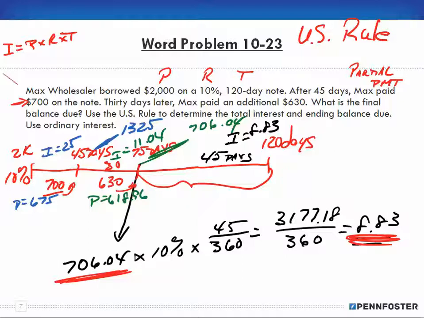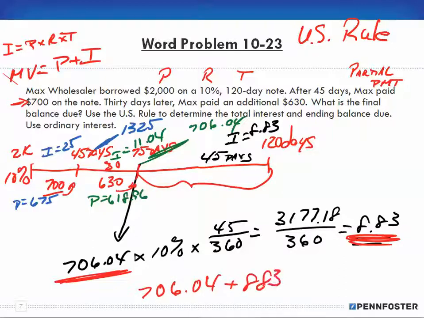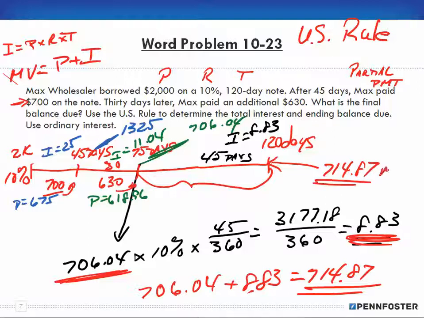So my maturity value, and we go back to that formula, is equal to principal plus interest. So I have 706.04 plus the interest of 8.83, okay, and that gives me a total amount of $714.87 is how much is going to be paid on the 120th day. Okay, 714.87 as my maturity value.